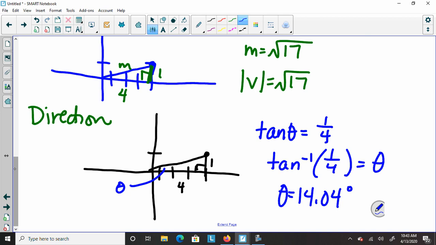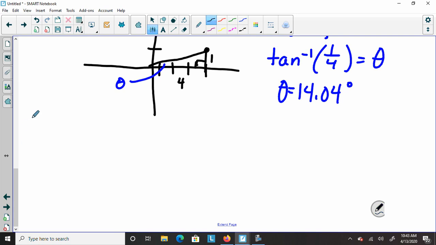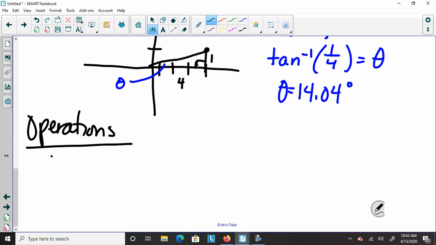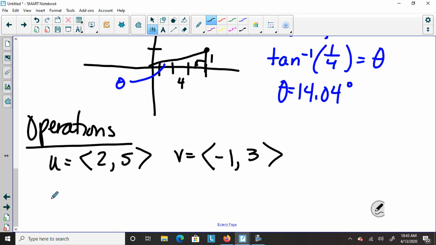Operations are very, very simple. You just do operations just like it was a matrix. You add and subtract things in the same spot. So operations, if I had vector u was like 2, 5, and vector v was like -1, 3, and I was asked to find u plus v, I just add the things together in the x position or the a position, and then also in the y position.